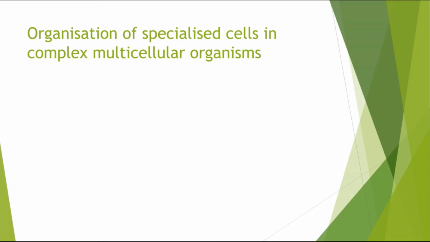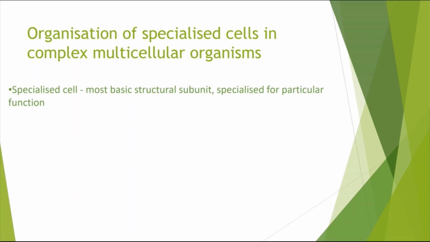So okay, so there is organization of specialized cells in complex multicellular organisms. So at the start we will have a specialized cell as the most basic structural subunit, and is specialized for a particular function. So for example, when we have stem cells, they're unspecialized, but when they're specialized, they will turn into certain cells. For example, a stem cell might specialize into red blood cells, so that will be a specialized cell.